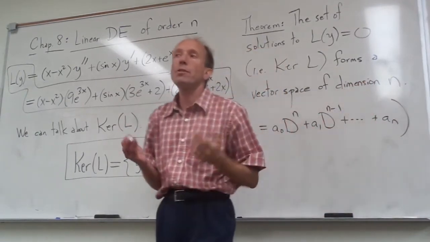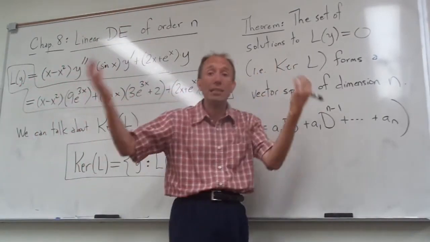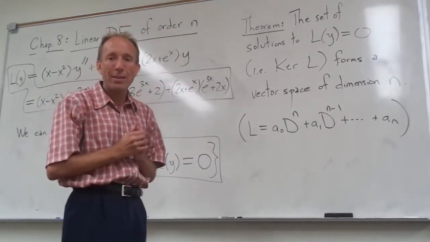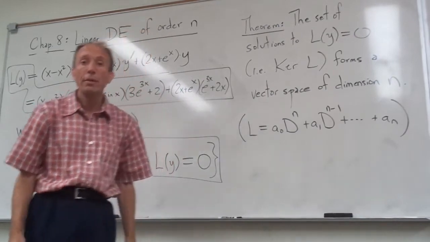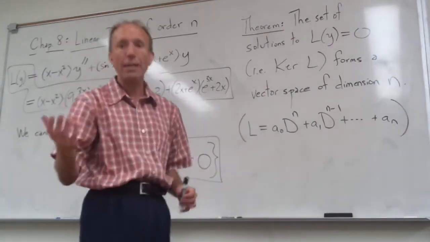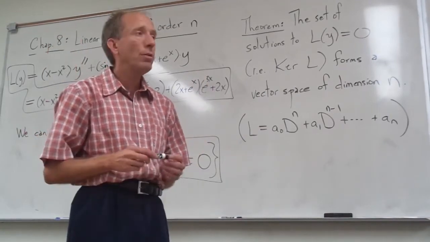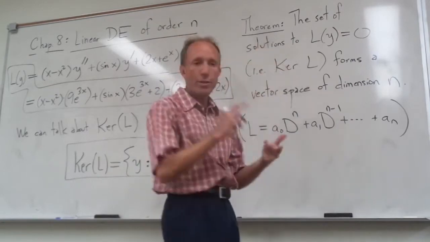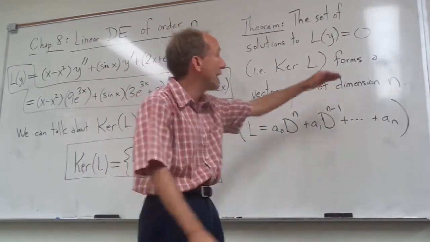I don't have to really justify that it's a vector space, because anytime you take the kernel of any linear transformation, you get a vector space. That was back in chapter 6. The kernel of any transformation T from V to W is always a subspace of V. So the kernel is always closed under addition and scalar multiplication, so it forms a vector space, and the dimension is n.